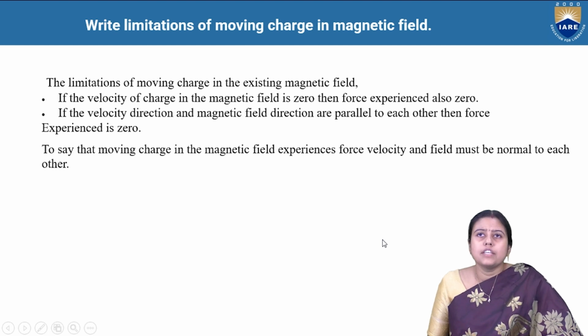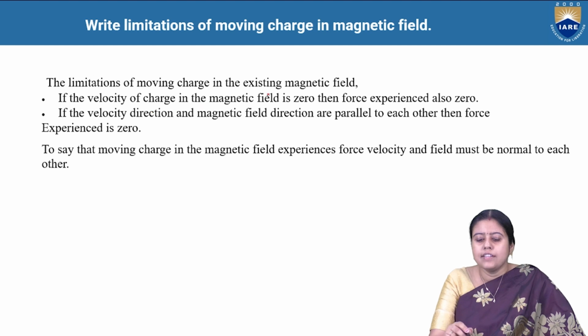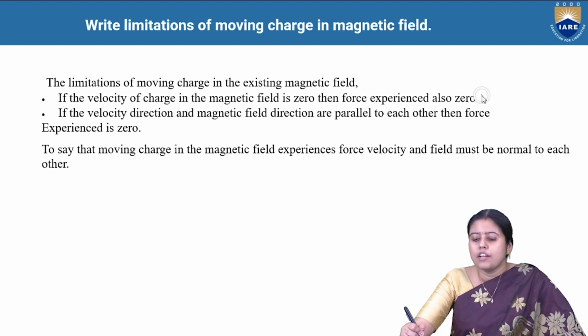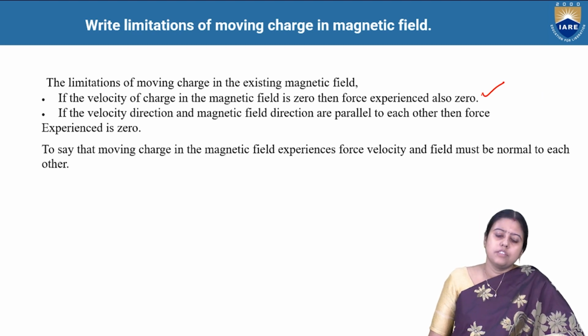What are the limitations of the moving charge in the magnetic field? First, if the velocity of the charge in the magnetic field is 0, the force experienced is 0.